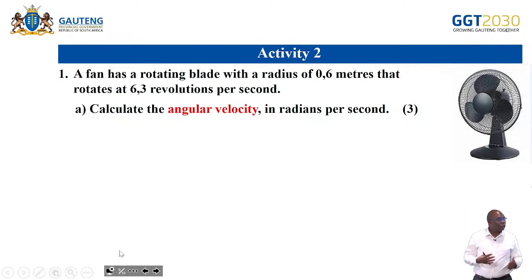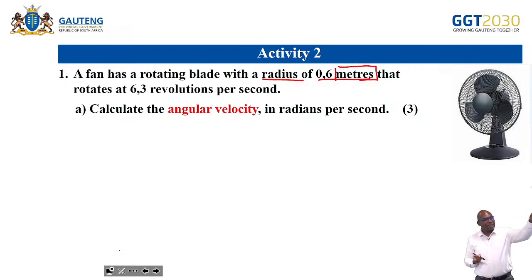Now, activity 2, a fan. We all know a fan. A fan has a rotating blade with a radius. Now, it is very important that you check the units that have been given. In this case, I'm given meters. And it's a radius that rotates at 6.3 revolutions.